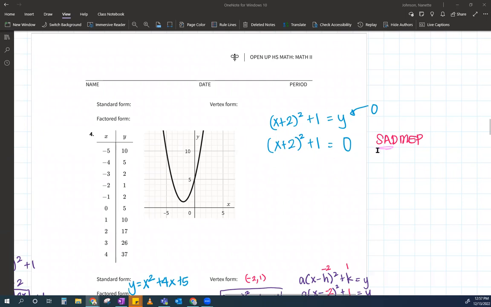And we can't skip steps. So how do I undo adding 1? Yeah, we subtract 1. Very good. So what do we have left? x plus 2 quantity squared equals -1. Okay, very good.